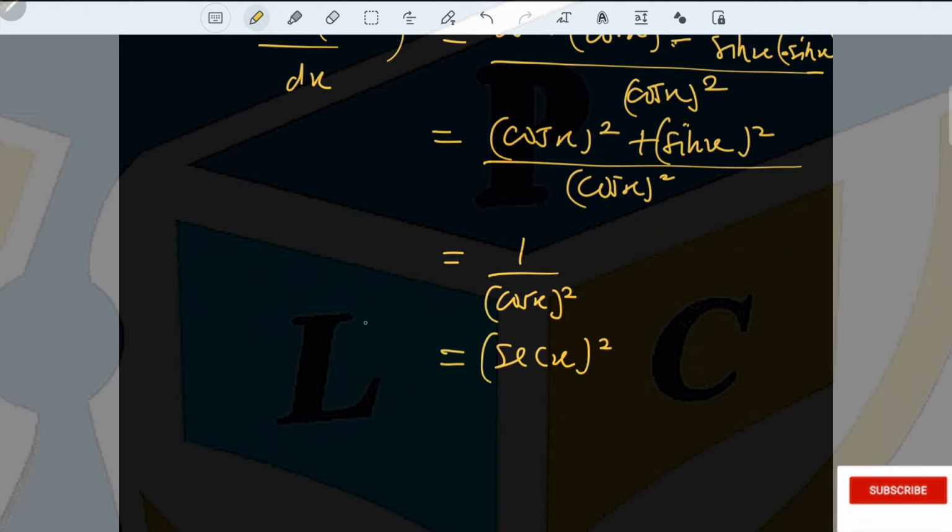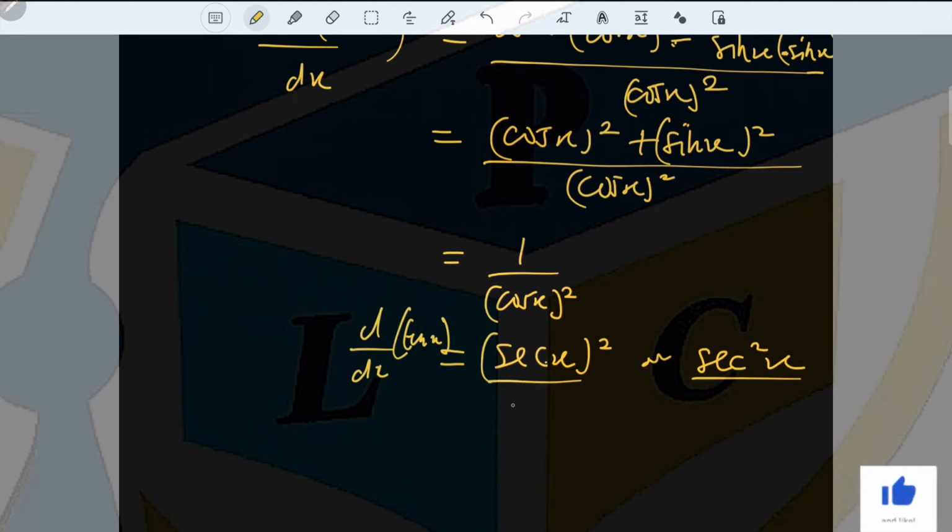So that is the differential of tan x. You might see this as sec squared x, which is the same thing as what I've written here. Or you might see it as sec x all squared. They are all the same.